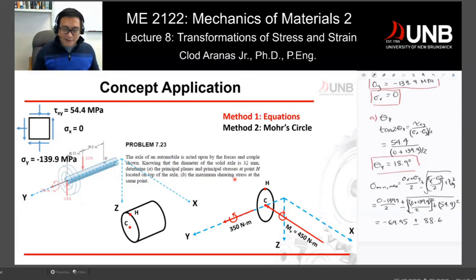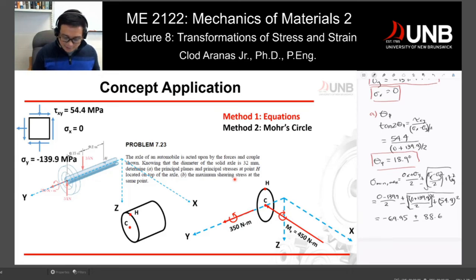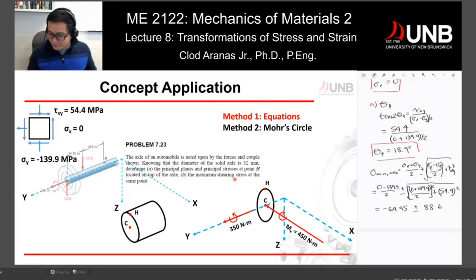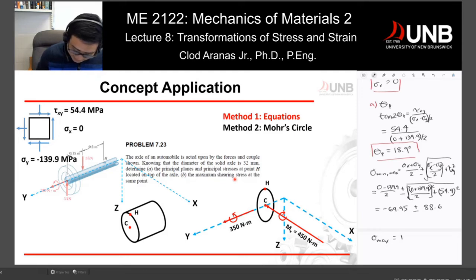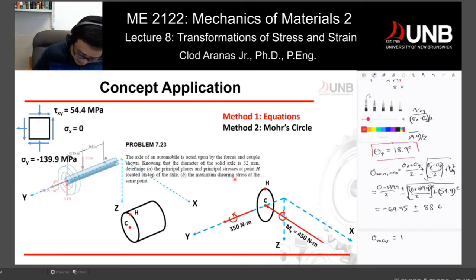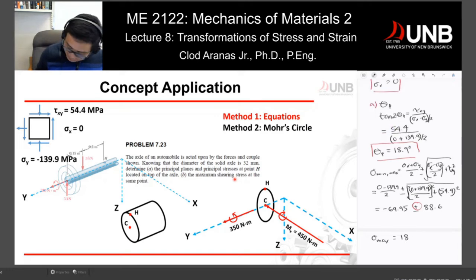If you remember your Mohr circle, that's your average and that's your radius. Average plus minus radius, but we stick with the equation so that everything is consistent. Your sigma maximum will be equal to the plus sign, which means 18.65 megapascals.